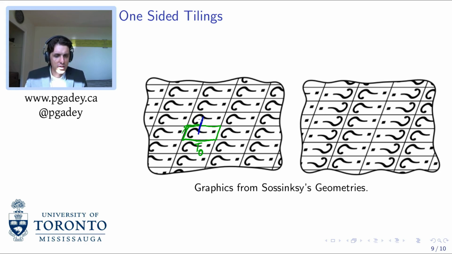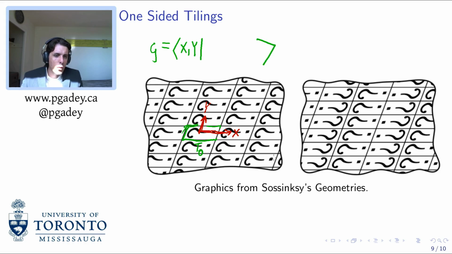So we notice that there's a translation in the y direction, and there's also a translation in the x direction. So this tiling is generated by these two translations, one vertically and one horizontally. So we can say that our group is generated by x and y.